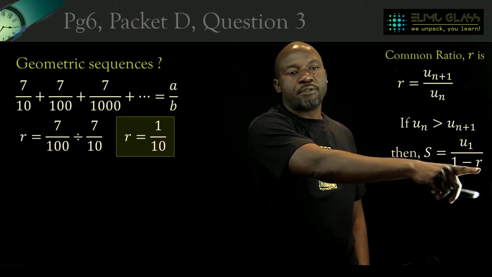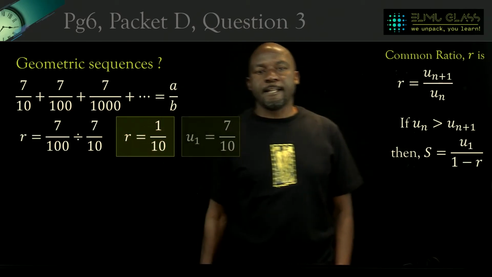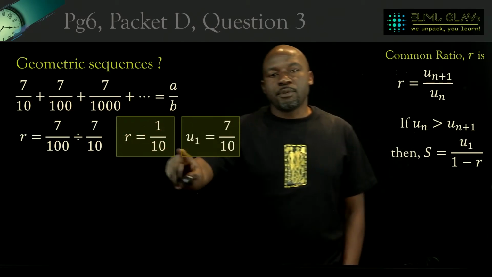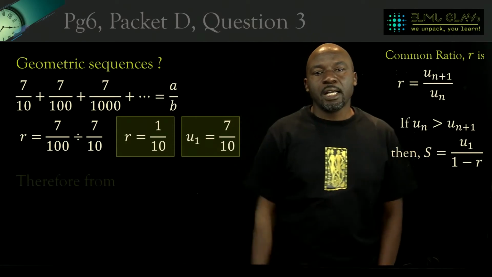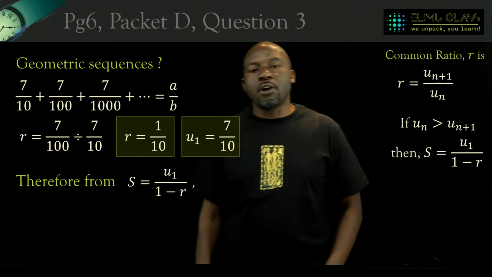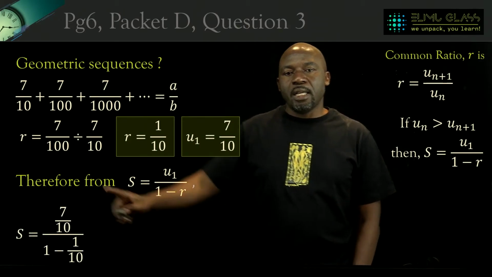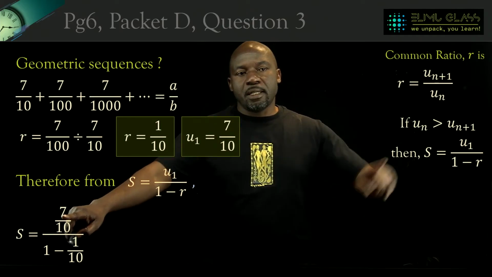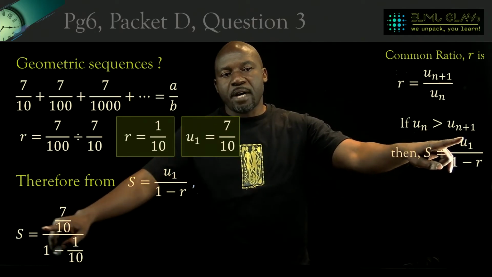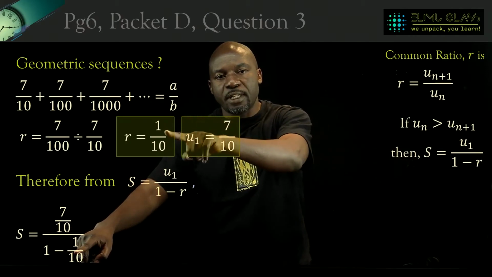So we know the value of R and we know the first term is 7 over 10. Okay, so we substitute this into this formula and we will say that the sum of all the terms, also called the sum to infinity, is given by the first term there at the top, divided by 1 minus the common ratio, which is 1 over 10 there.